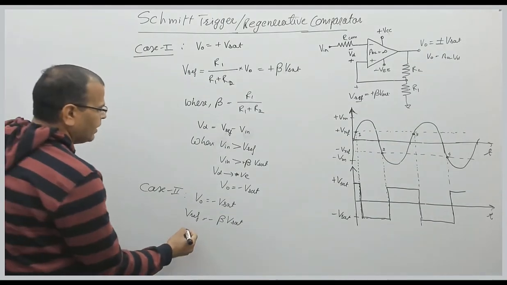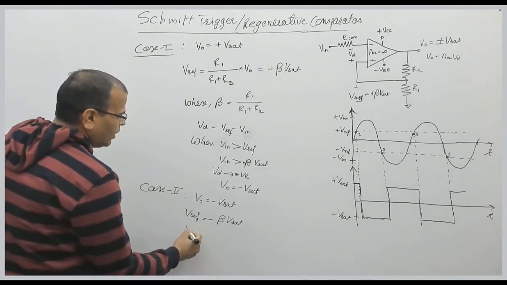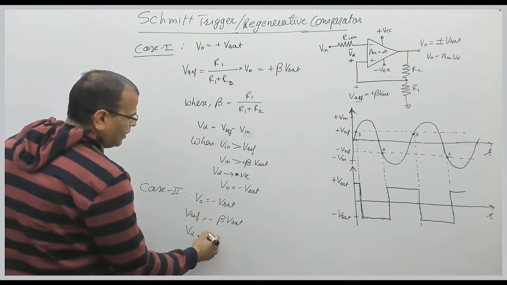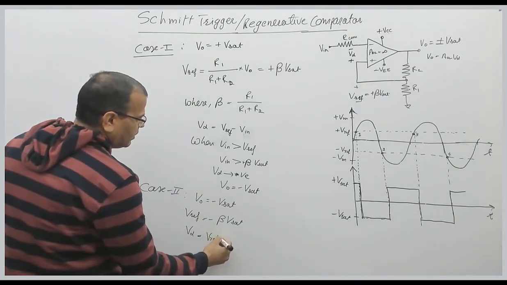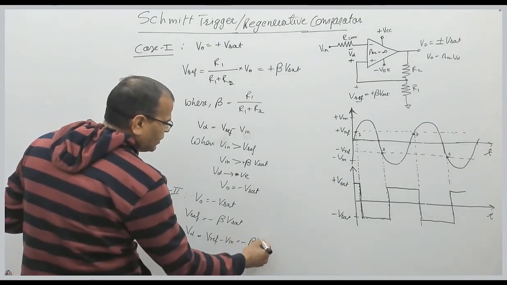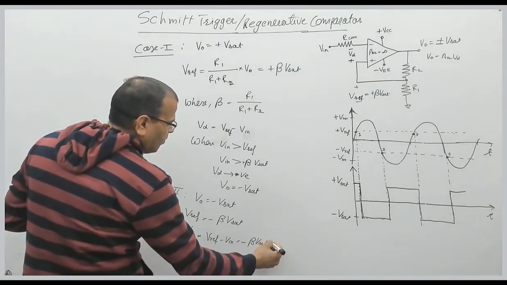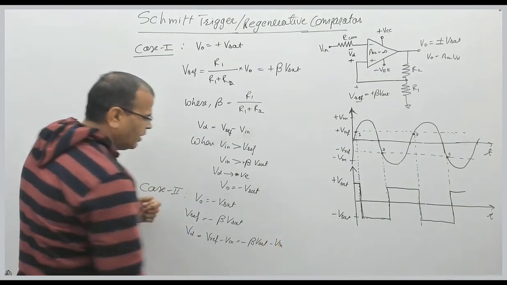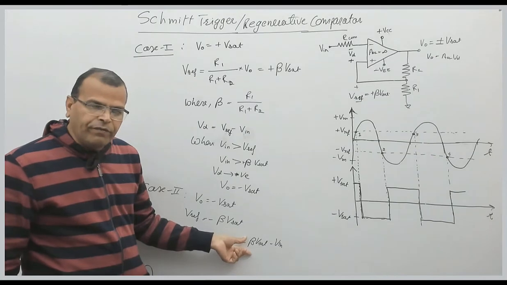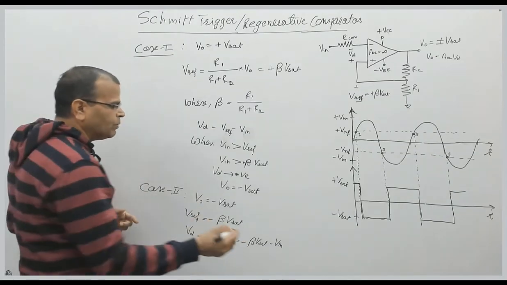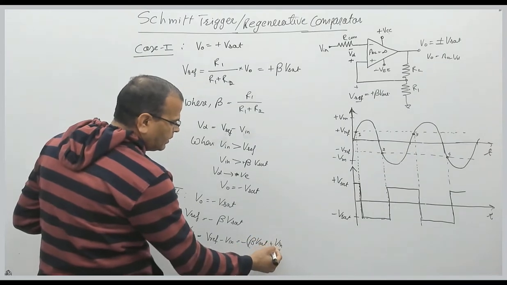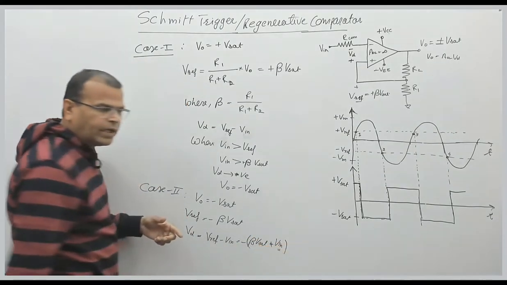Now understand here, Vd equals Vref minus Vin, so this is minus beta into V set minus Vin, right? So now Vd will remain negative. Vd will remain negative till which point? Till this Vin, or you can write it like this.